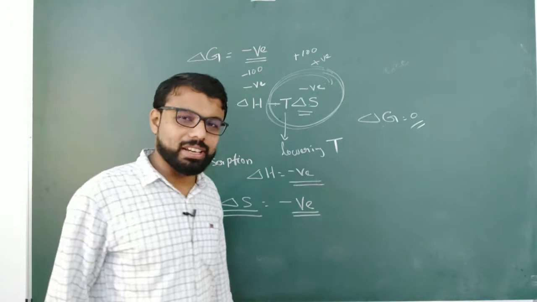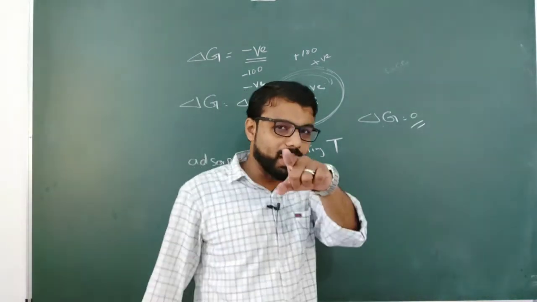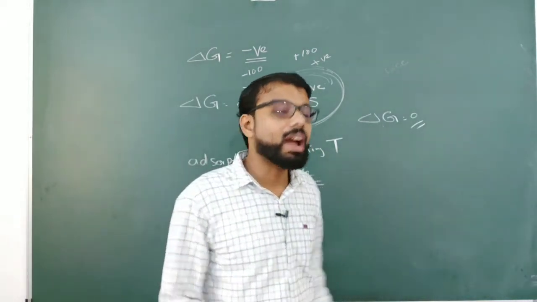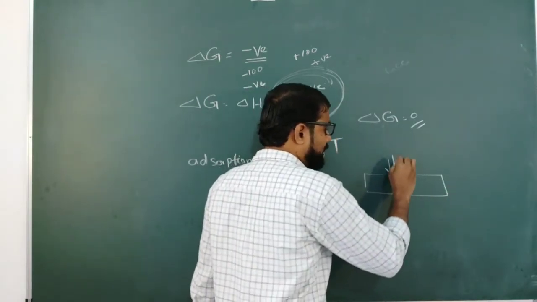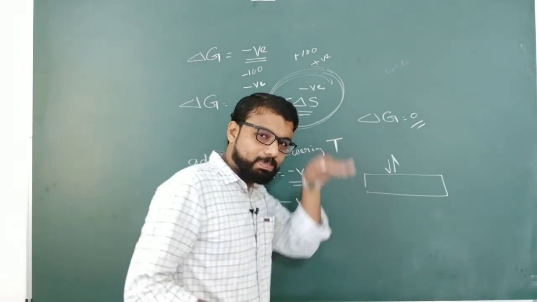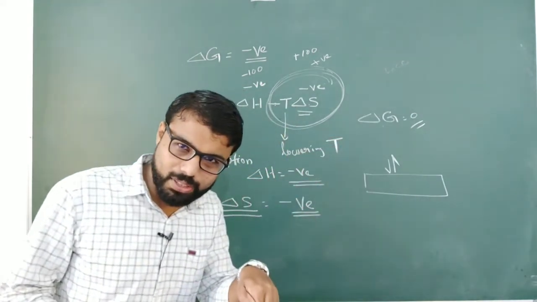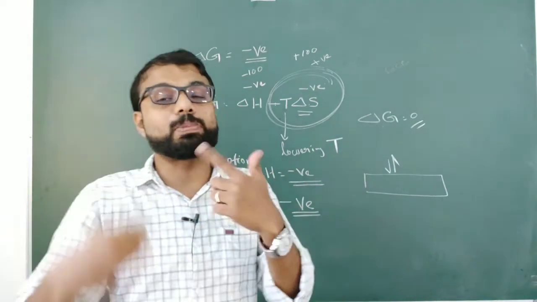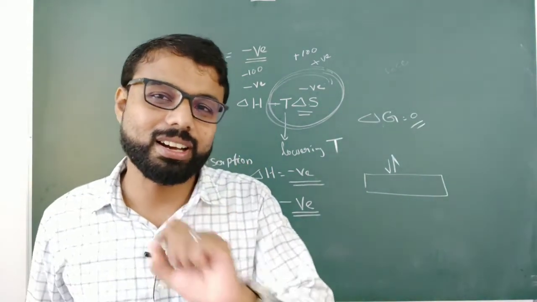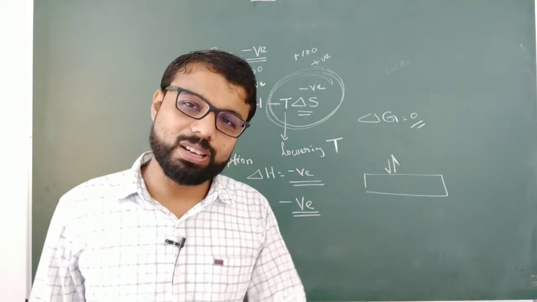At that stage we know that delta G 0 is equilibrium. At that stage, adsorption and desorption happen together: a particle is getting adsorbed on the surface, and at the same time it is getting desorbed. Both processes occur at the same rate. This is called equilibrium.